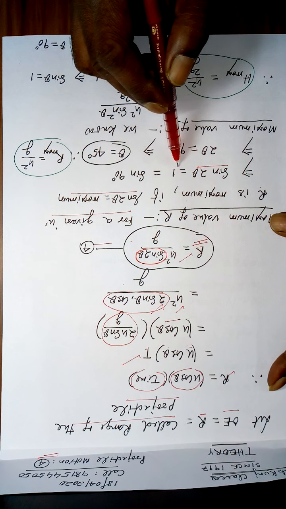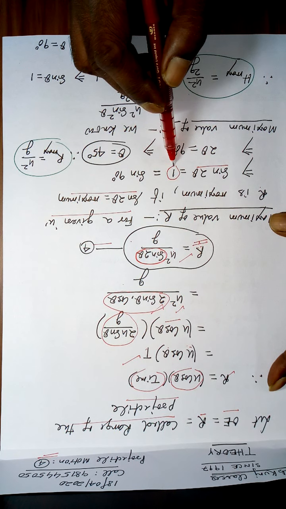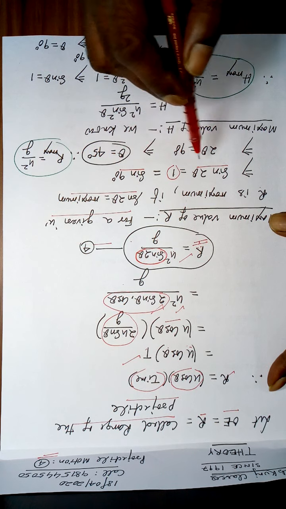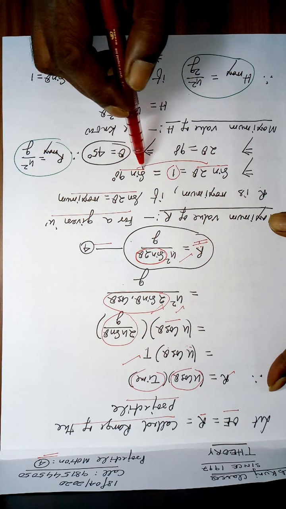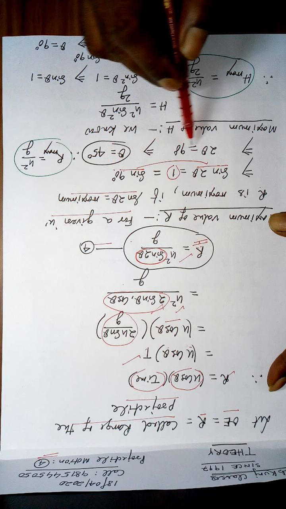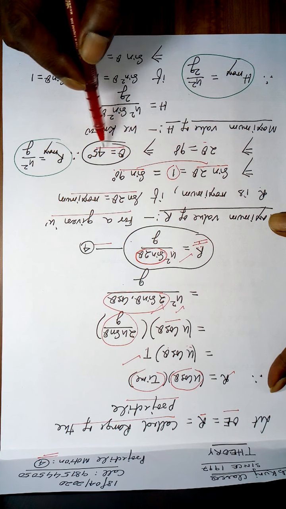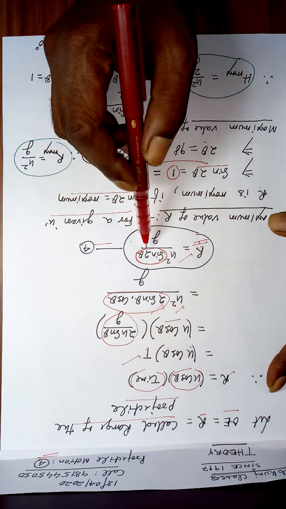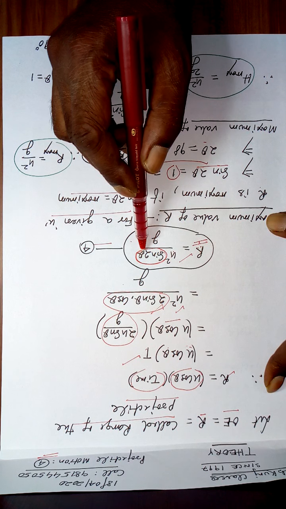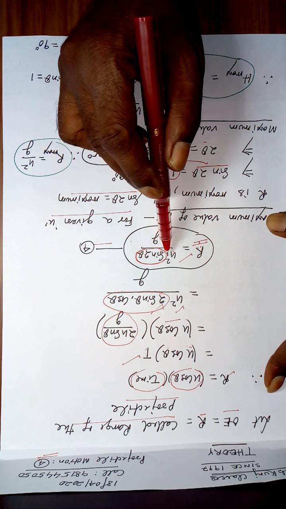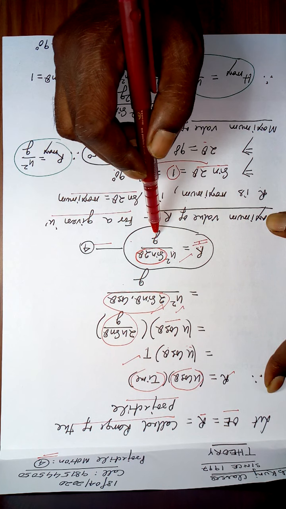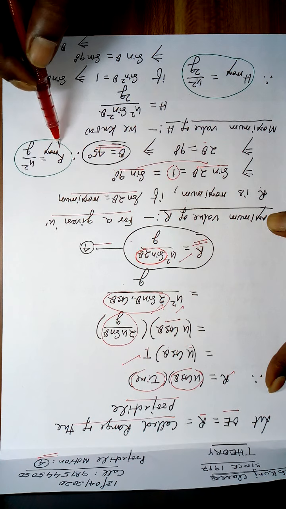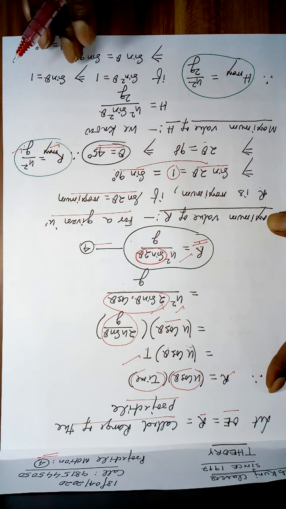The maximum value of sine 2 theta in the sine table is 1, at sine 90 degrees. So 2 theta is 90, which implies theta is equal to 45. Then 1 into u square over g is R maximum. So R maximum is u square over g.